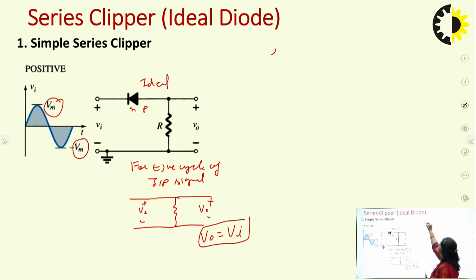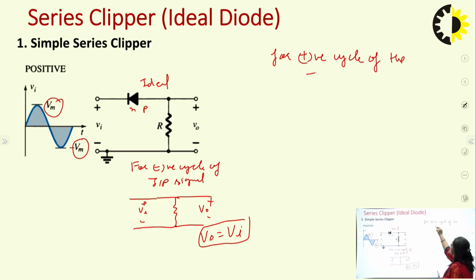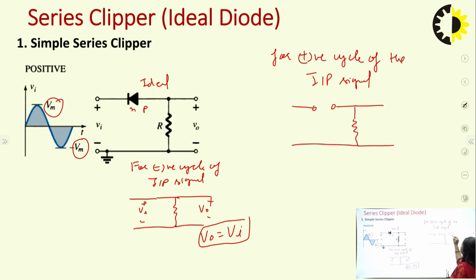For the positive cycle of the input signal, the equivalent circuit would be this: the diode will be off, or open circuit, so the output would be 0. So in the negative cycle we get the output as Vi, and in the positive cycle the output is equal to 0.